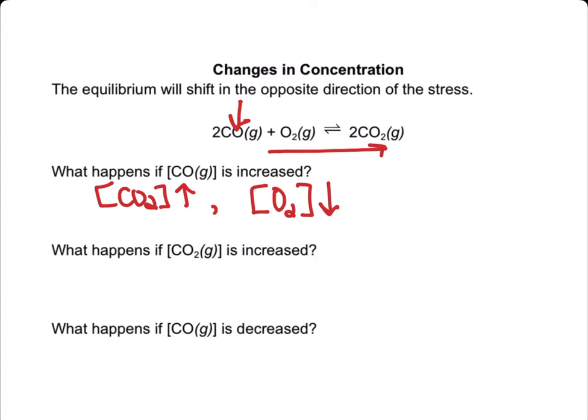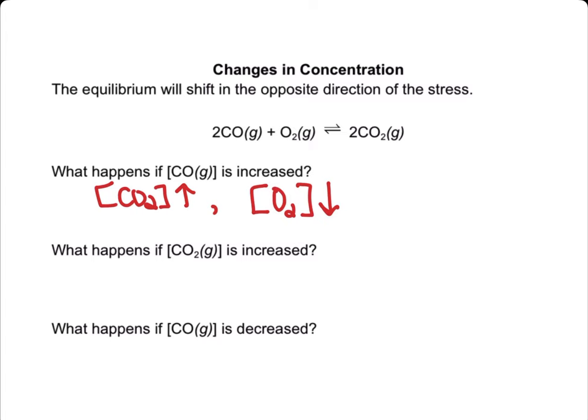If the reaction is going towards the right, it's going to be making more of the products and less of the reactants.